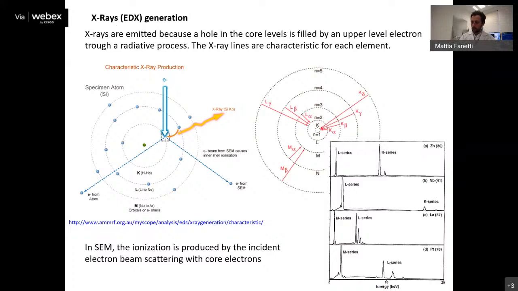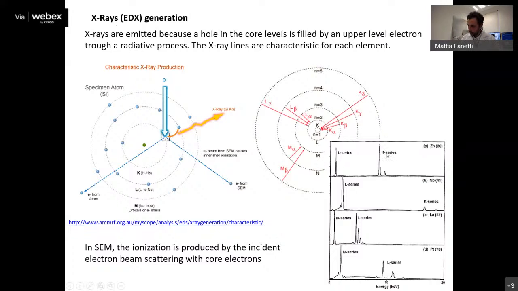So the energy of the photon depends only on the energy levels of the atom. Each element has different fluorescent emission lines, depending on how many shells it has, so even more than one emission line.